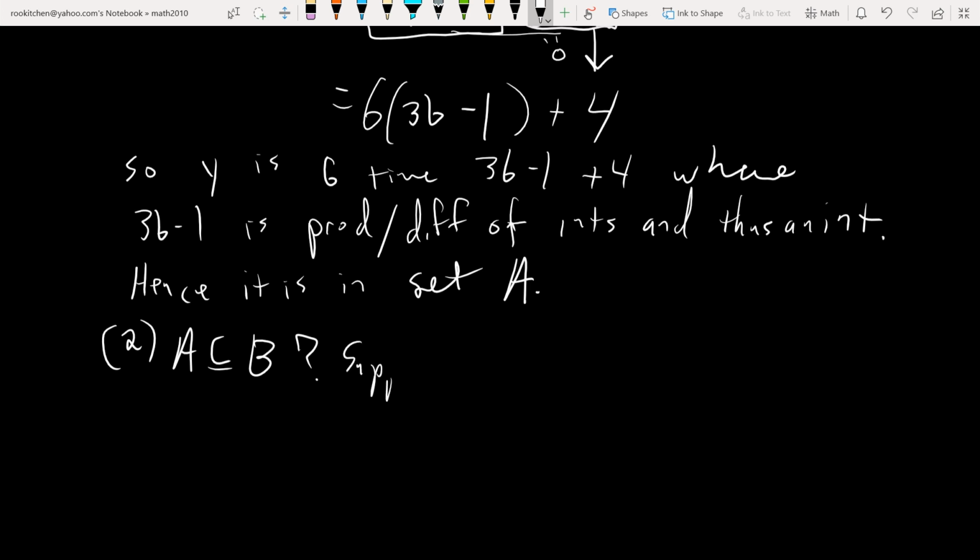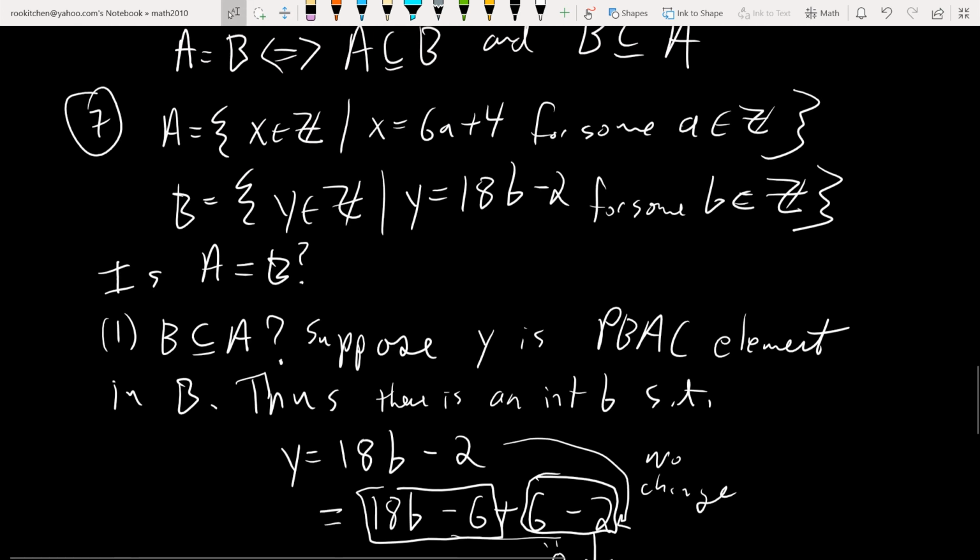Suppose basically that a equals 1. Then consider the definition in set B, right?